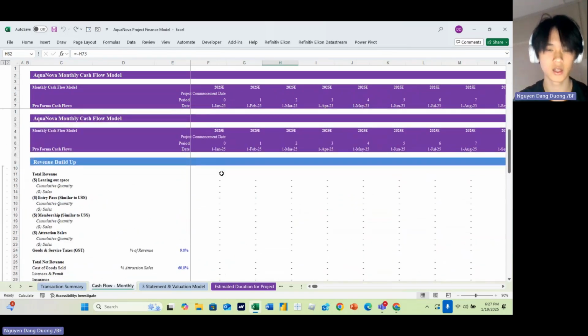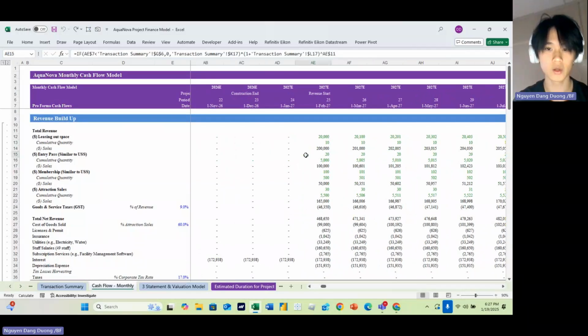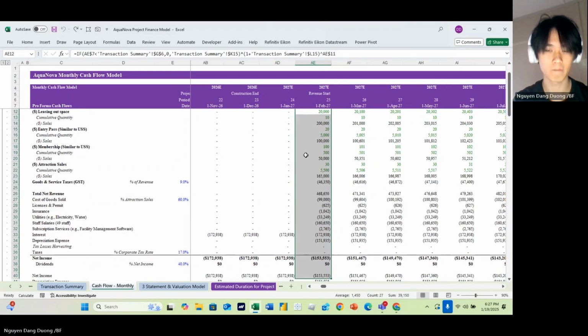And on our revenue build, our revenue only starts when our construction ends. Therefore, it actually starts about 2 months after that, because we have our testing and commissioning.